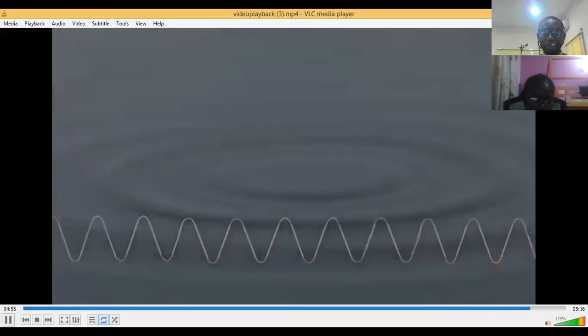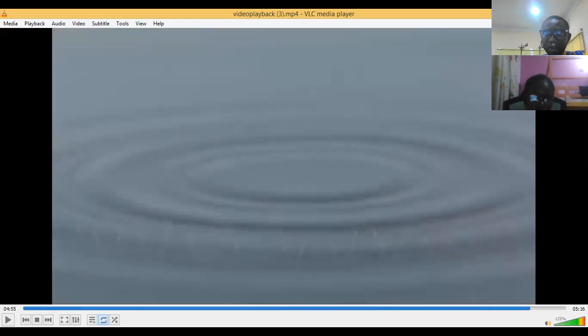Okay. Now, I just have to do this concerning the first thing we talked about on waves. Today we'll actually be doing something on wave motion, but before then, I'm just trying to pay back for the lost time.